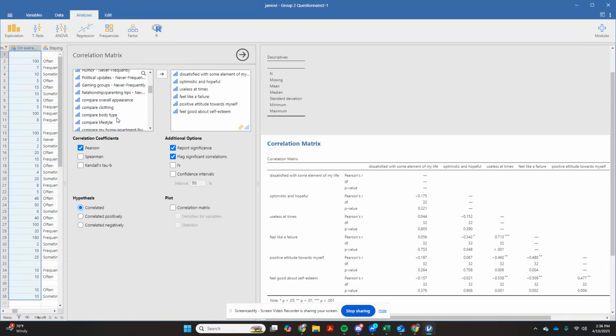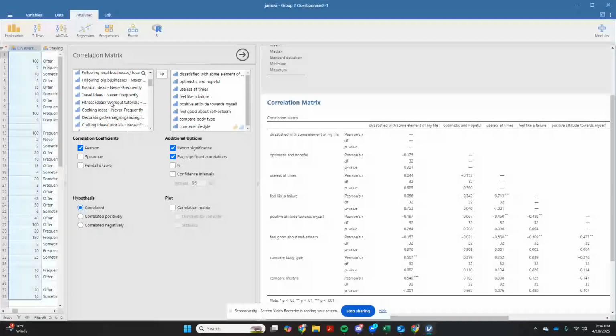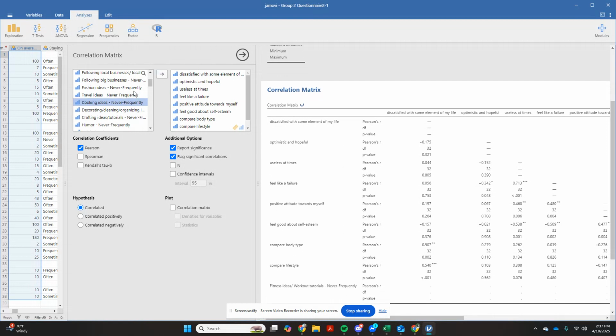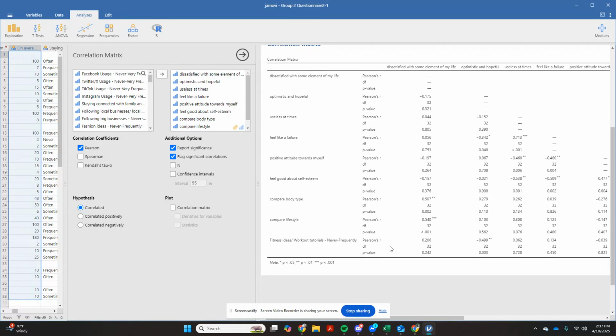But now maybe let's add in some things like I compare my body type to what I see on social media, and I compare my lifestyle to what I see on social media. And let's maybe see, I follow it for fashion ideas and workout tutorials. So let's go with this.